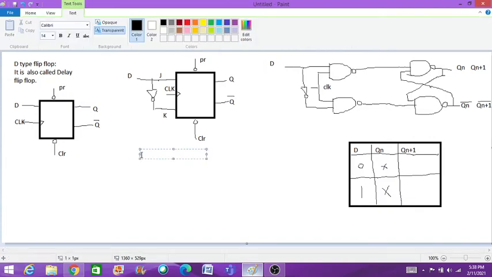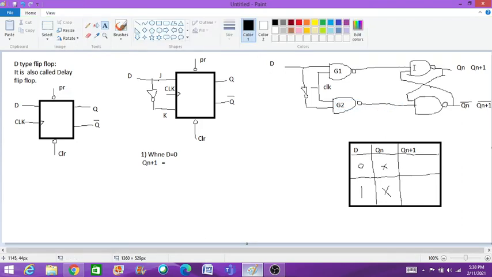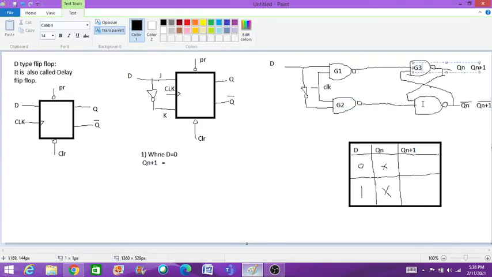So first, when your D input is 0, how does this circuit work? Suppose we give names to the gates, G1, G2, G3, and G4. We get the Qn plus 1 from the G3 output.